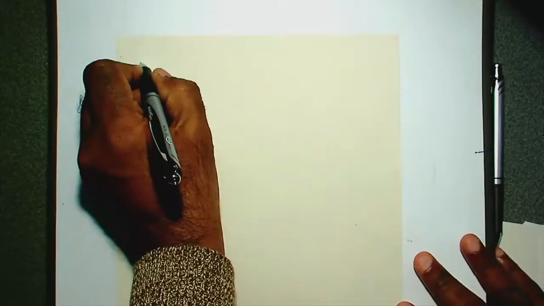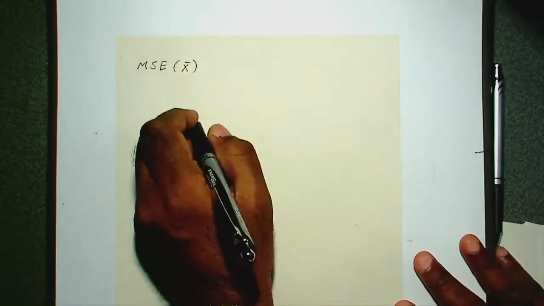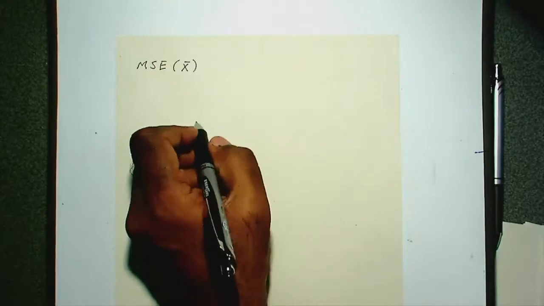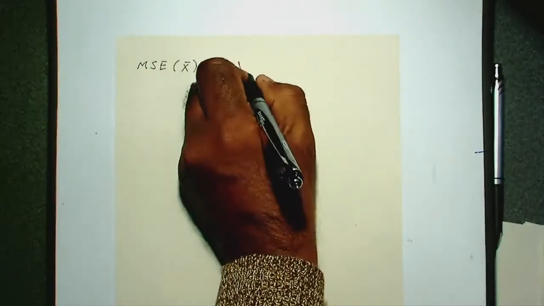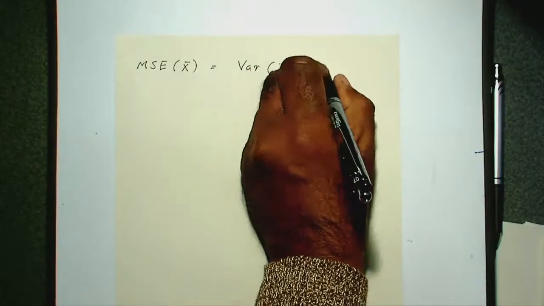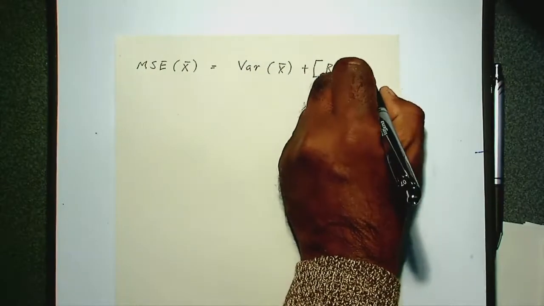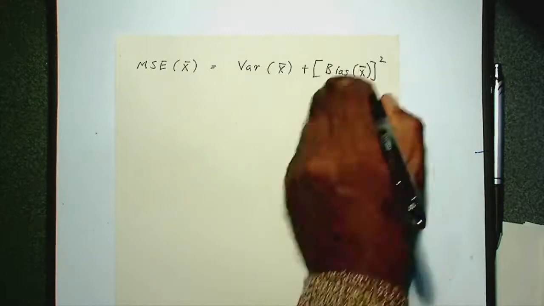Now the second part is to find the MSE of x bar, right? To find the MSE, I will use the formula that I proved last week, which is this.